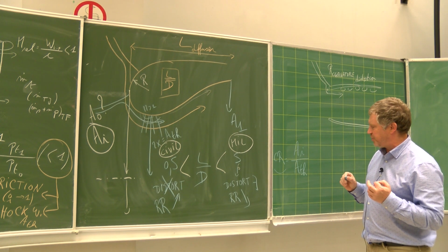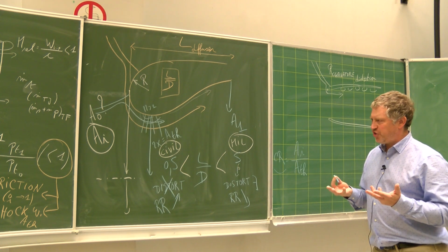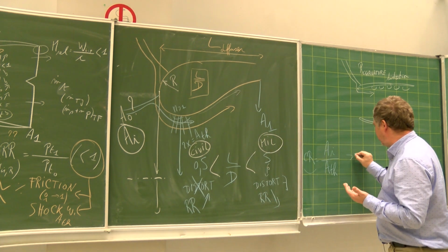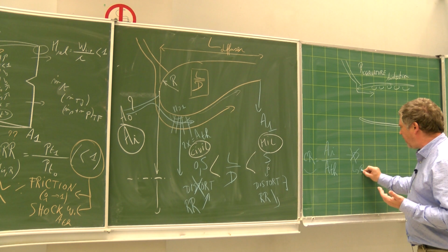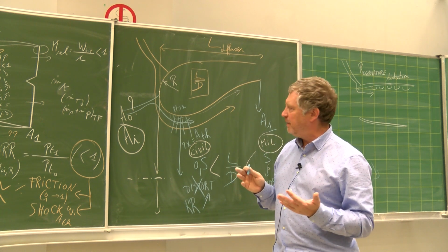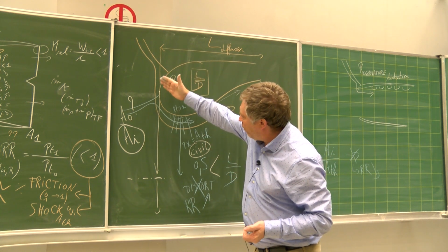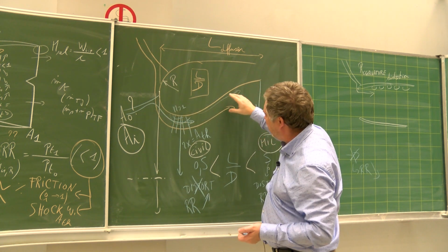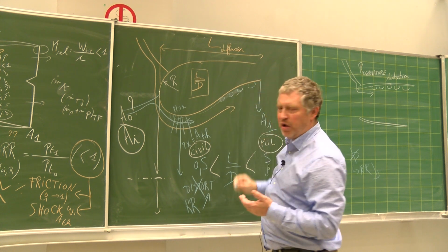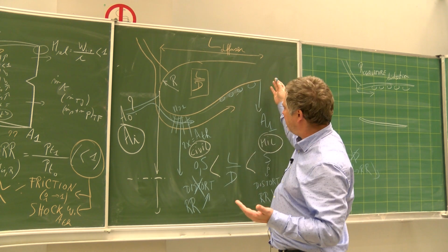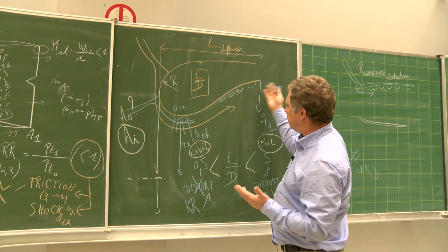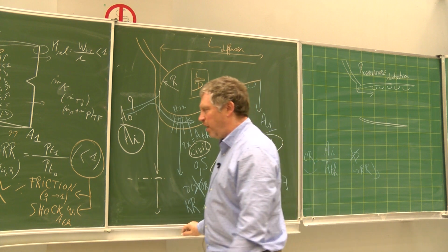If it's too large, you will have too large a reduction, and with too large a reduction, the ram recovery will decrease a lot due to the presence of the shocks here, and also because you will be forced to make a big turn in this direction, and that could lead to separation of the flow at, let's say, the inner side of the diffuser, leading to some distortion that is entering into the intake.